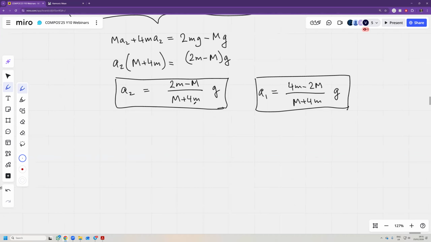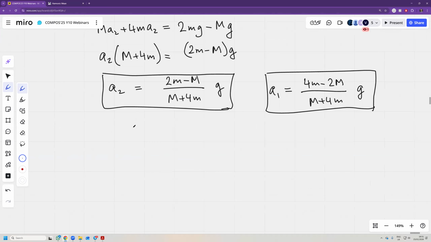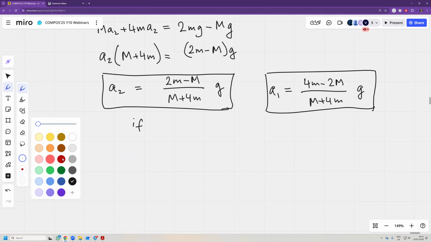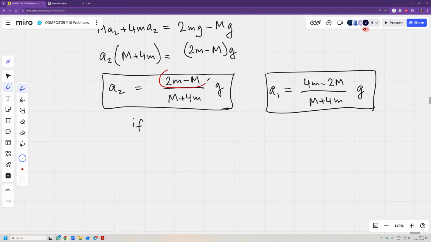And look, in this case, looking at this fraction, this value can sometimes be negative. If m is greater than 2m, if the ratio is that, then A2 is going to be negative because this is going to be a negative value.